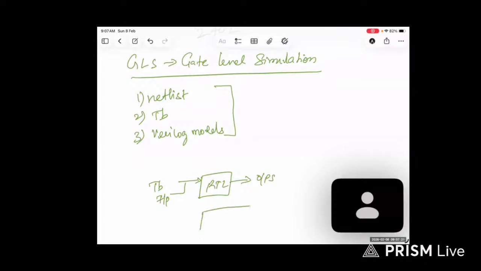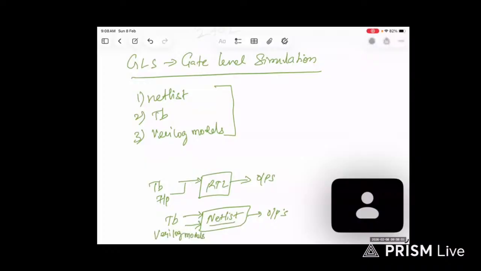Here, when you are doing your netlist based simulation, when RTL is replaced using netlist, then you will have a test bench, and you will have the outputs of the simulation. Also, you will have the Verilog models of the components that are there in the netlist.